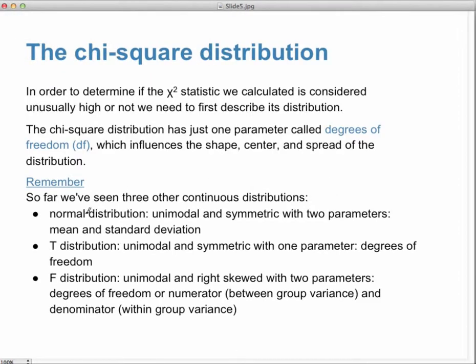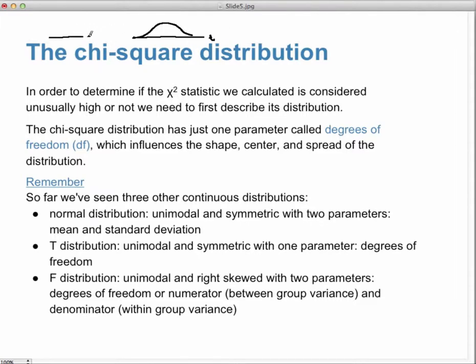Let's move on. So the chi-square distribution, yet another distribution. We have looked at the normal distribution. That was one of our first continuous distributions. And then we saw its kissing cousin, the t distribution, which was based on the degrees of freedom.